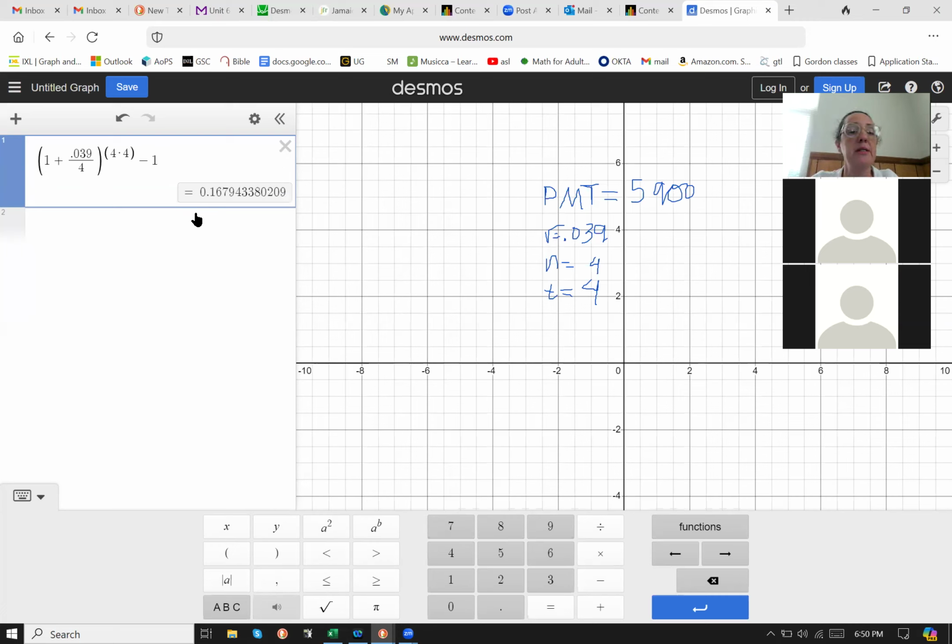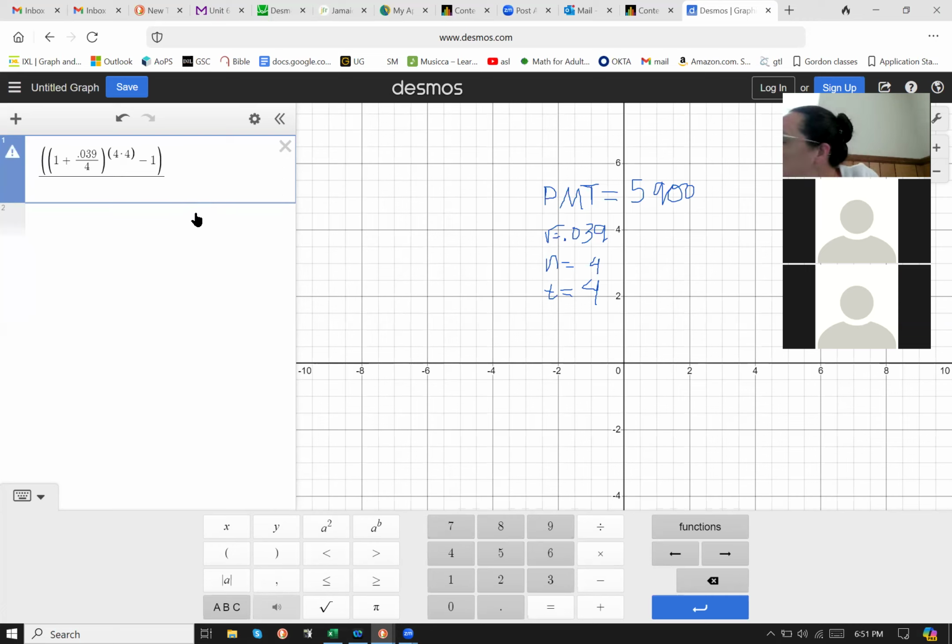So I'm going to put a parentheses around this entire numerator. There's that extra set of parentheses. Okay. And now I am going to hit divided by the I, which is again 0.039 divided by 4.